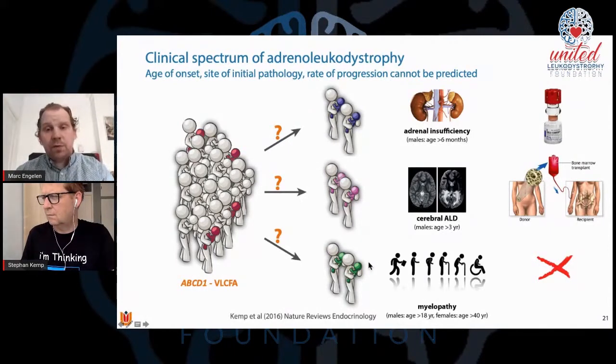You could develop cerebral ALD if you are a male patient, but not everybody develops that, and we are unsure about what triggers it. And if you are a male patient, it is probable that you will develop adrenal insufficiency. Can I have the next slide, please?